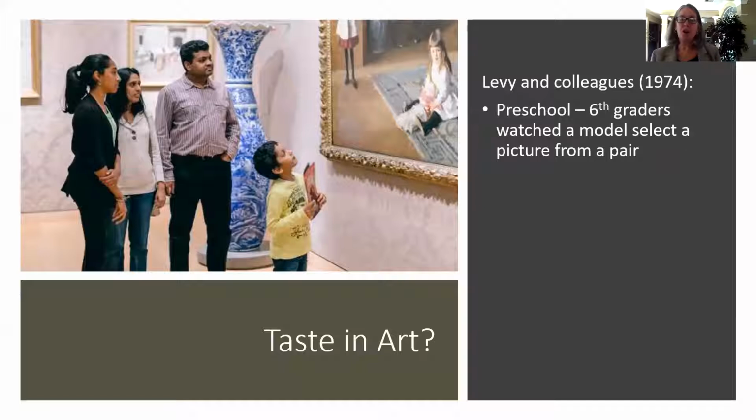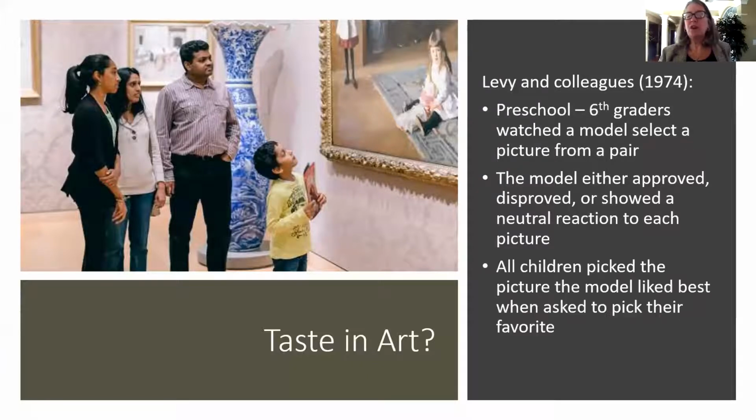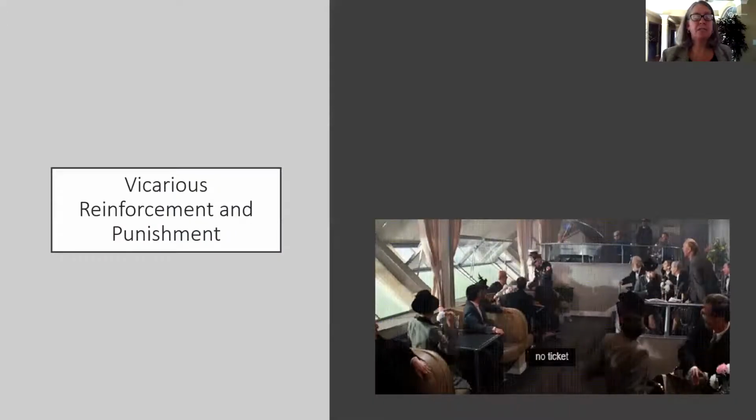If the model was showing a preference for something that was very colorful, they would start selecting and preferring things that were colorful. So it's behaviors and even preferences that we can learn through social learning. Okay, so it says here, all children pick the picture the model liked best when asked to pick their favorite.